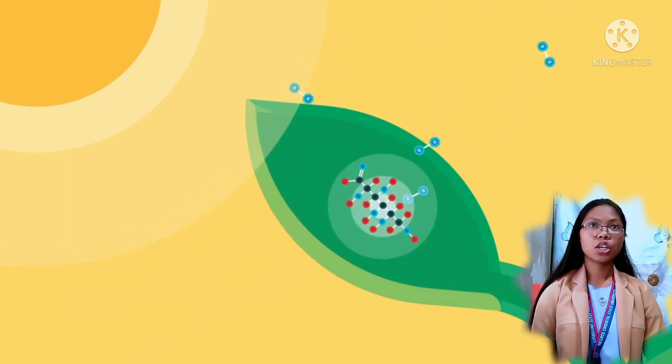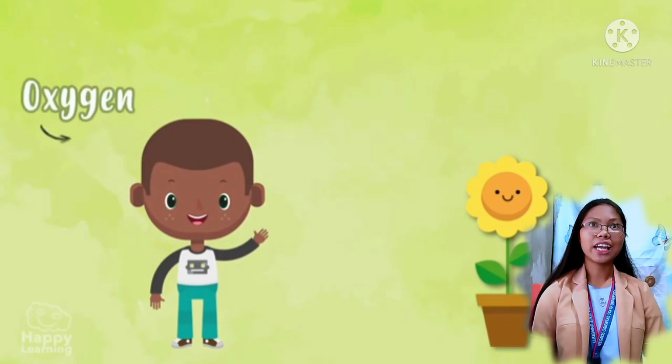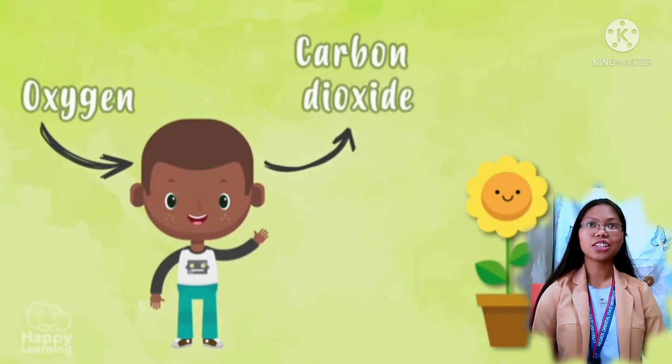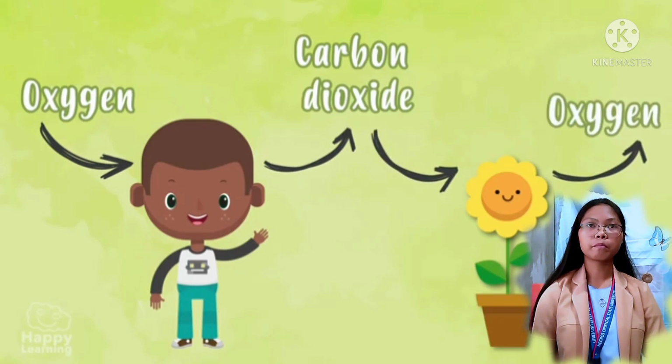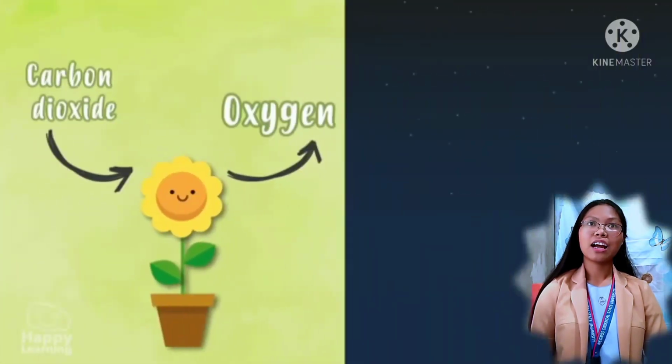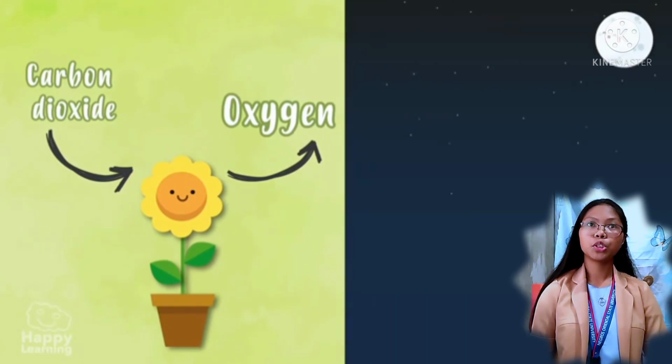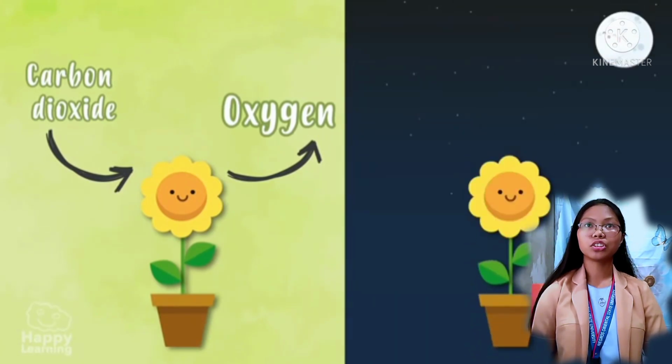Photosynthesis is the process by which plants use sunlight, water, and carbon dioxide to create oxygen and energy in the form of sugar. Plants are autotrophs, which means they produce their own food.